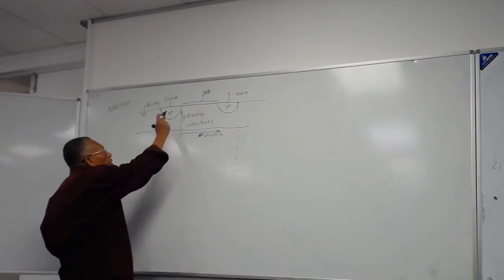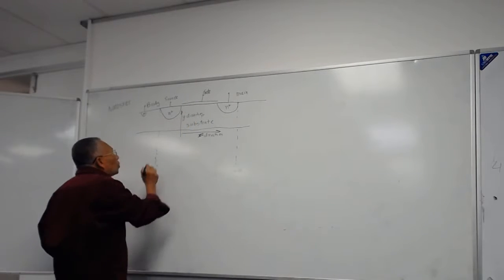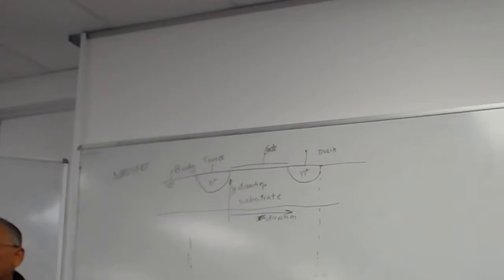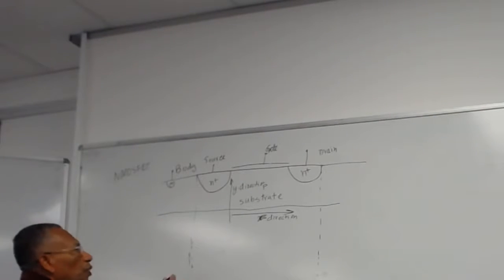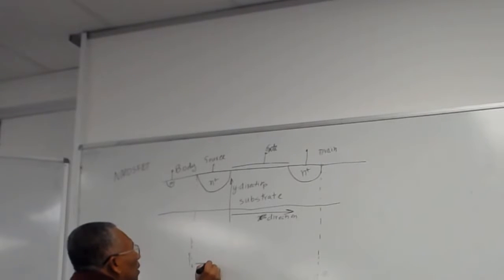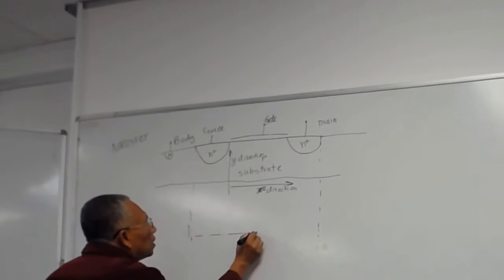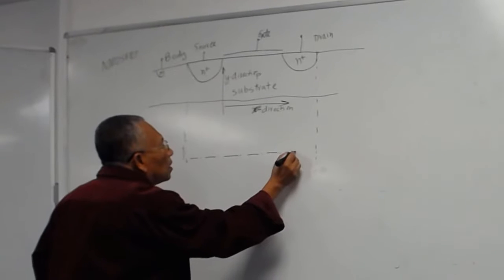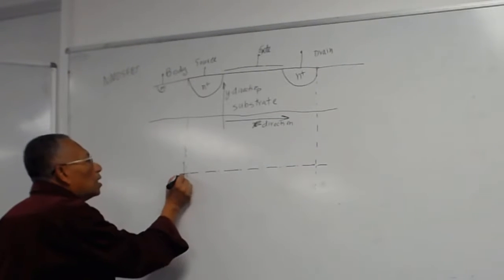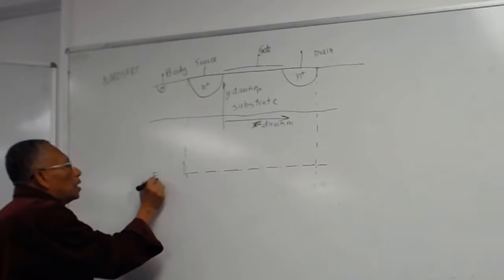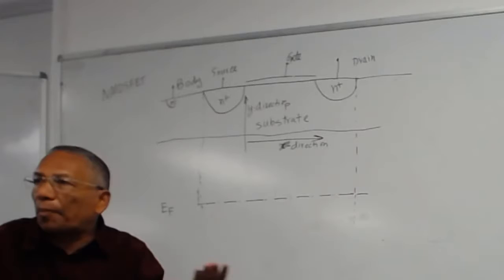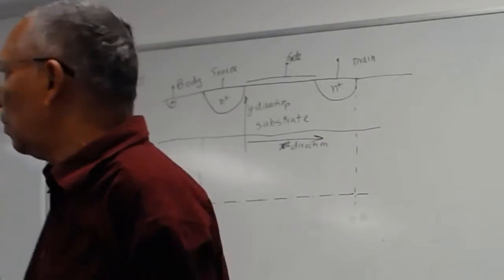And all you see is N, P, and N. So the Fermi energy level that we discussed earlier will be just one flat line all through. So you can draw the Fermi energy level from here to here. This will be the EF, the Fermi energy level, all the way from here to here. We haven't applied anything, so it's all in equilibrium.